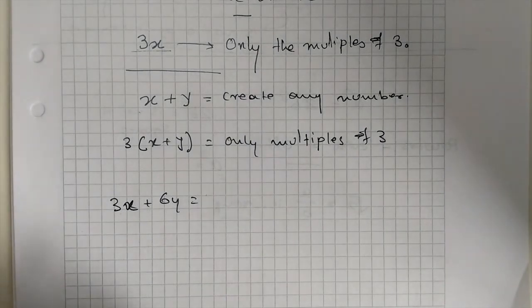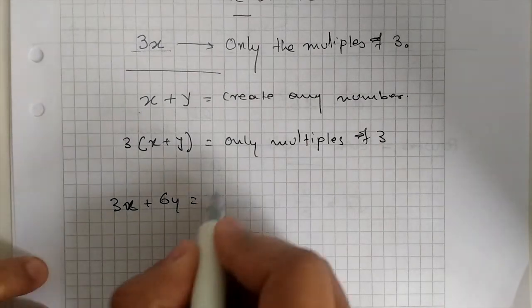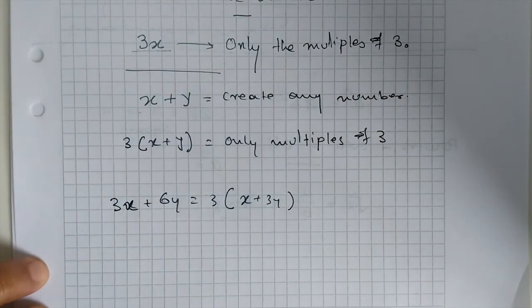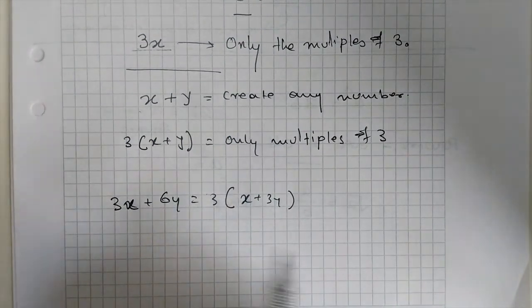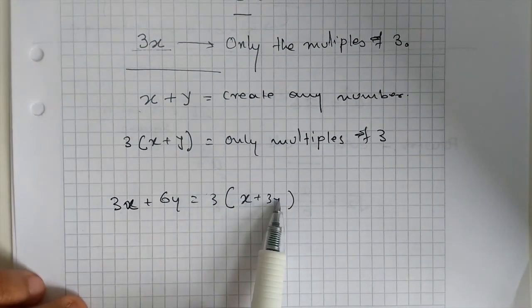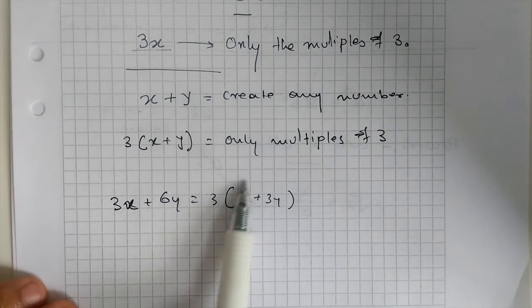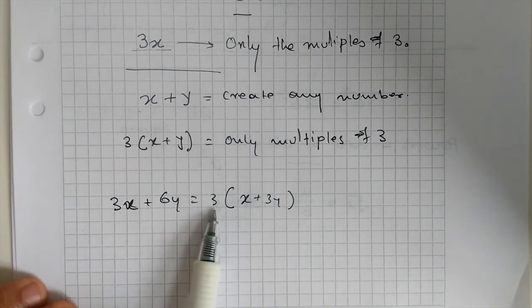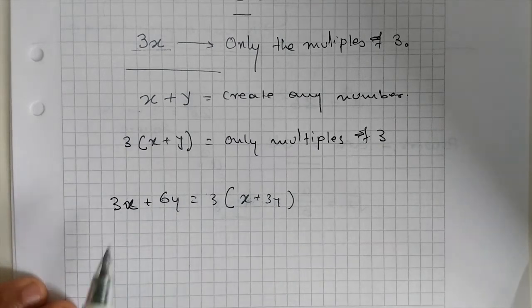In 3x plus 6y, we can only create multiples of 3 again, because we can write it as 3 times x plus 2y. Whatever number you take for x or y, the result will always be multiplied by 3. So with 3x plus 6y, we cannot create just any number.